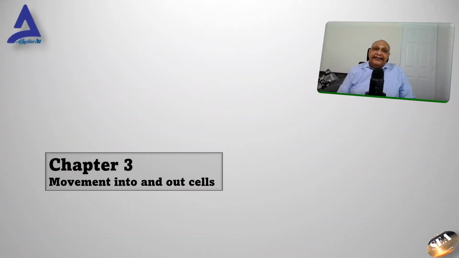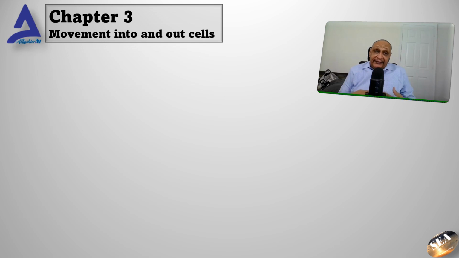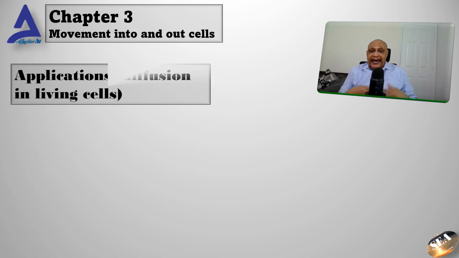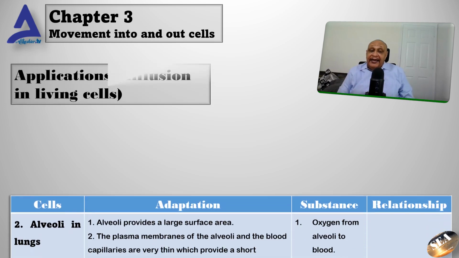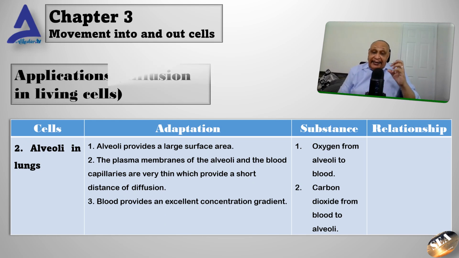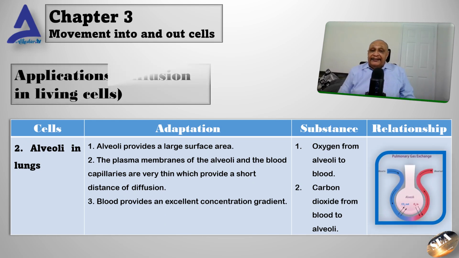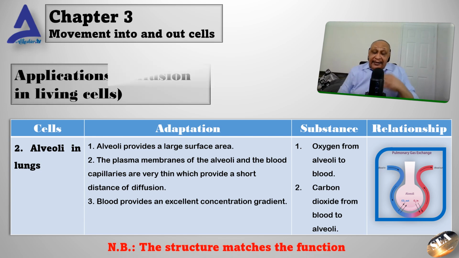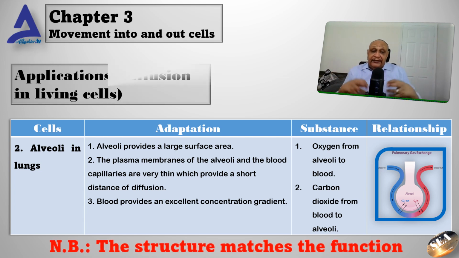The second type of cells that are adapted for diffusion are the alveoli cells of the lungs. It is very important to understand this and how they adapt their function.